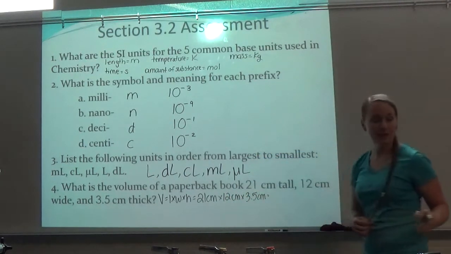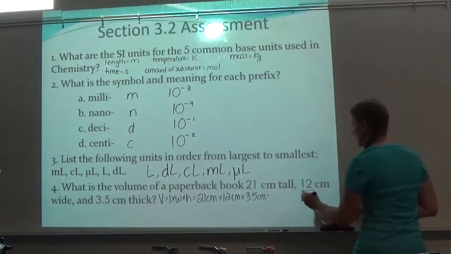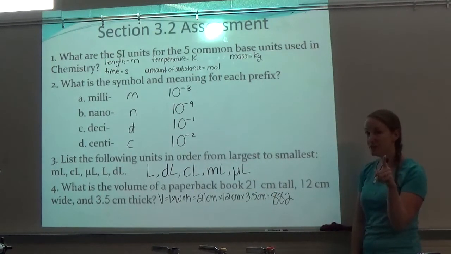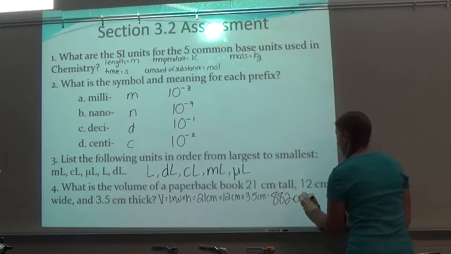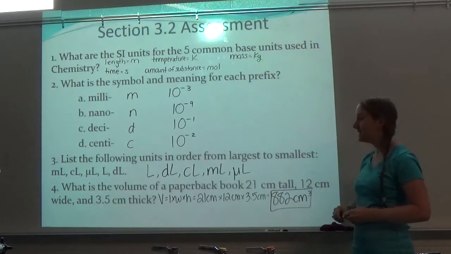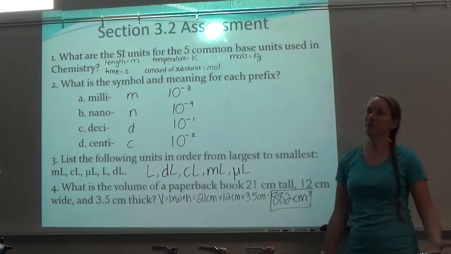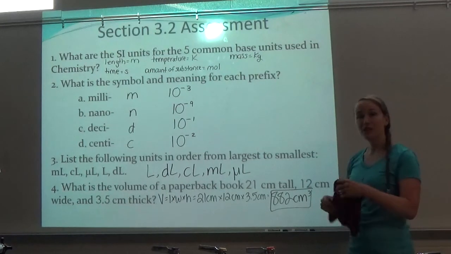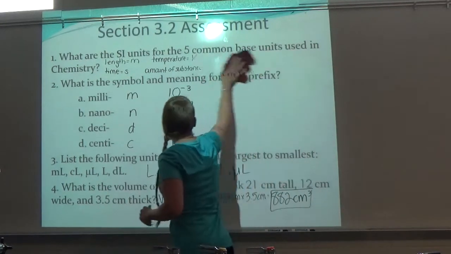Once I multiply all those numbers together, I get 882. But what's my unit? Centimeters times centimeters times centimeters is centimeters cubed. And there we go. Hopefully you remember volume. I don't really go over that because I think you've learned that plenty of times. All right, so hopefully you got all those. Let's move on to our last one.